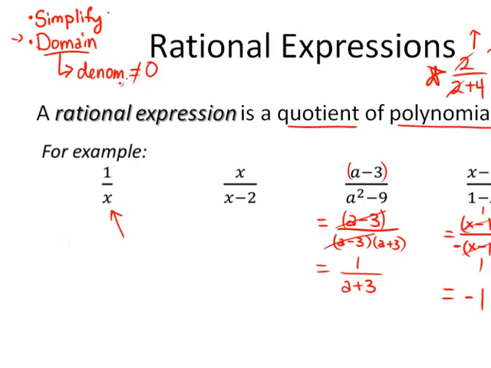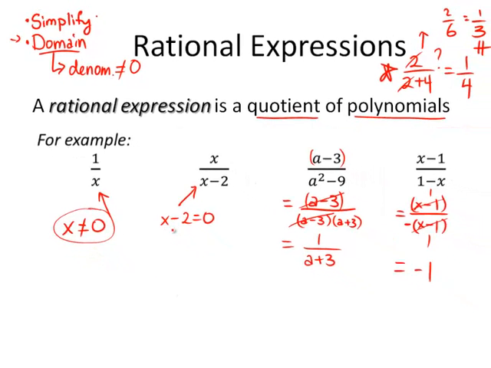So, in our case, x cannot equal 0. That is our one restriction for x, and everything else works. How about here? When does x make x minus 2 equal 0? Well, we can just write it out as an equation and solve.